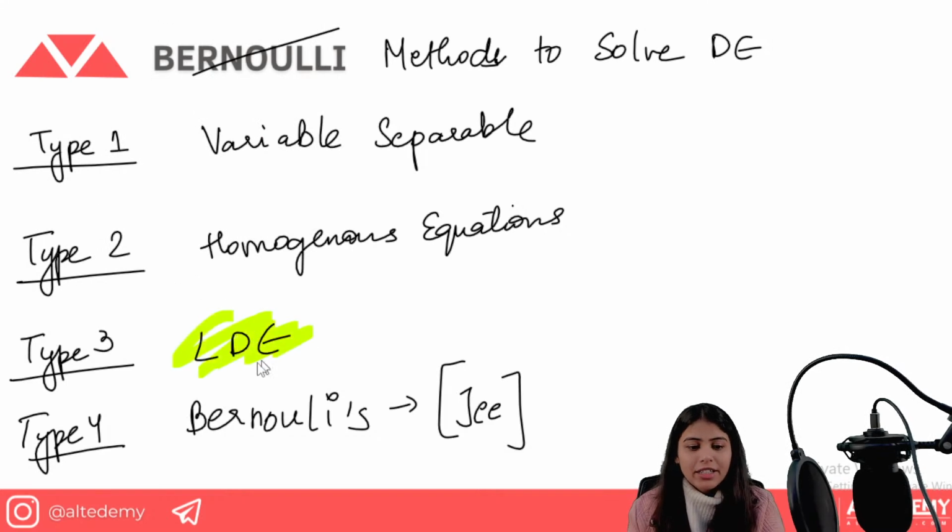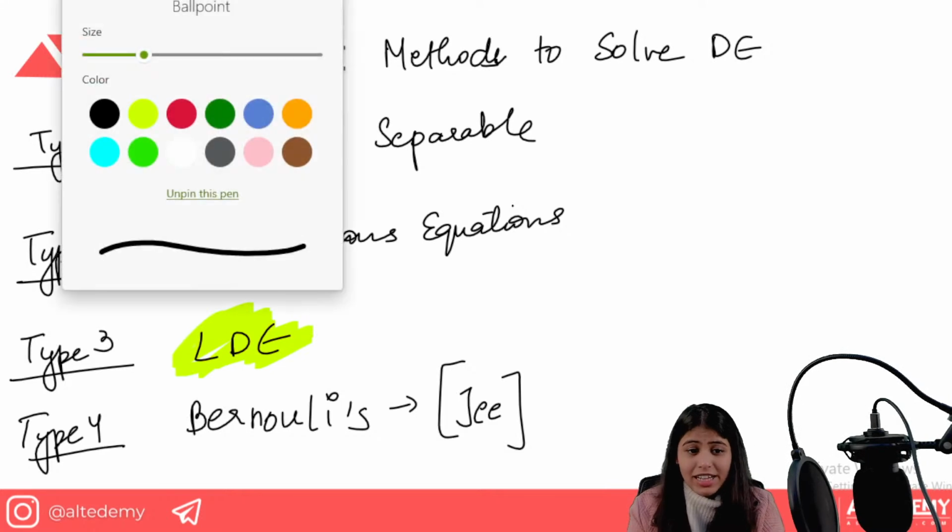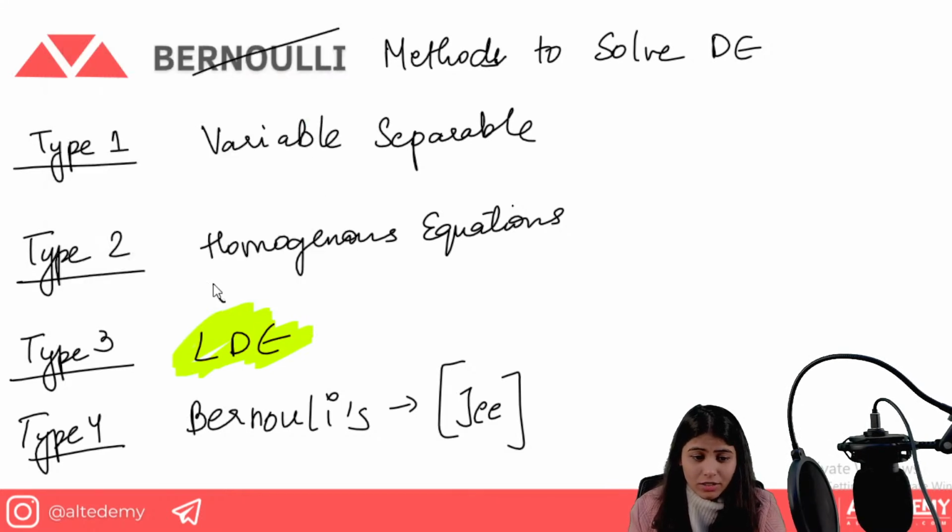Your LDE. LDE is the king. This type of differential equation is asked the most in your JEEs. So linear differential equations, you need to have a command on them, guys. Now let's move forward.